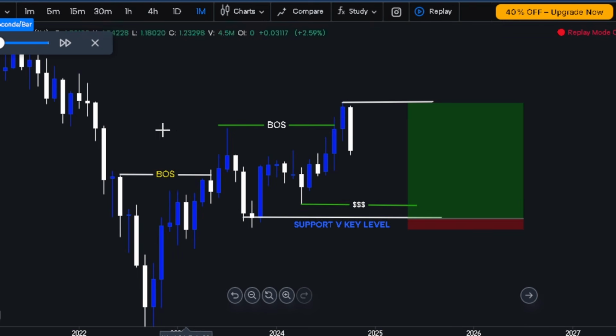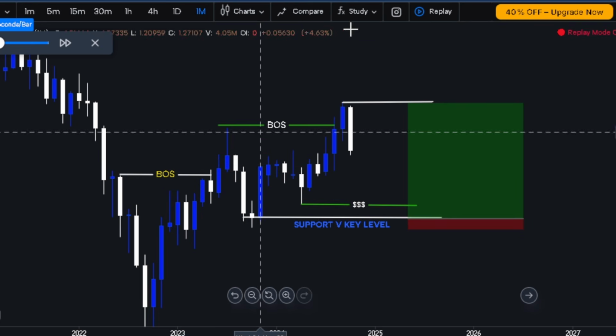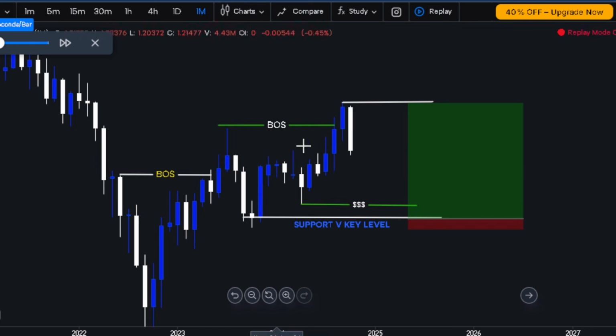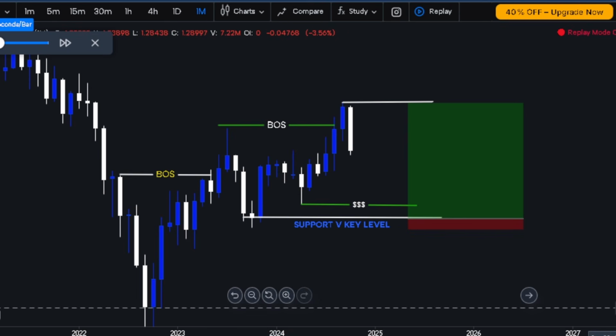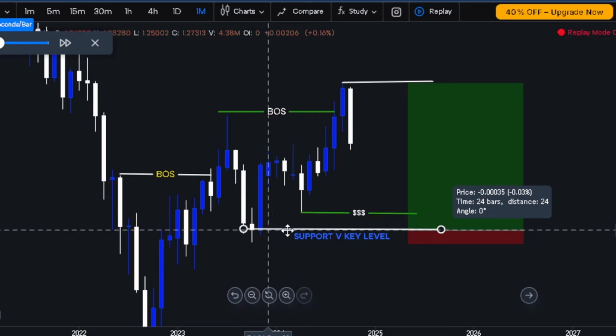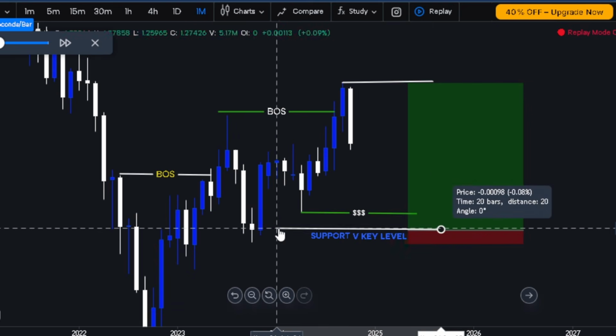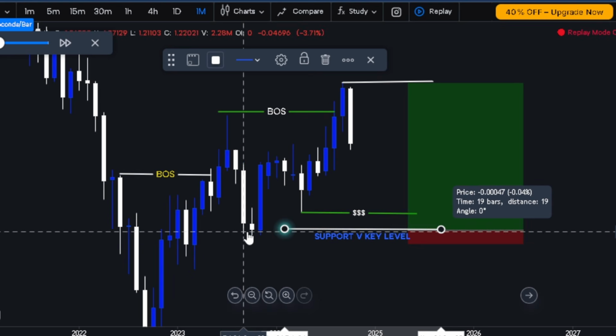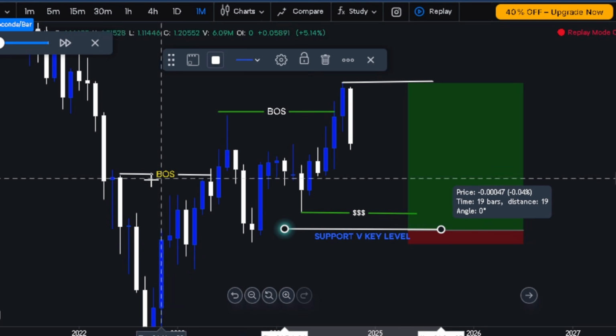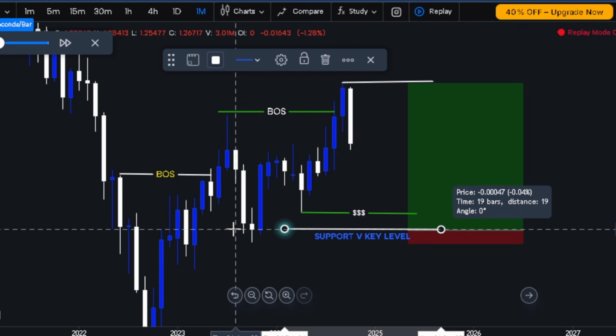You notice how I've marked my levels. This is how you do it. You mark your break of structure and you identify liquidity levels. Once you have your liquidity levels, you go ahead and plot your key level. Remember this key level, I said you plot it on the candle bodies. You mark your key levels using the candle body.